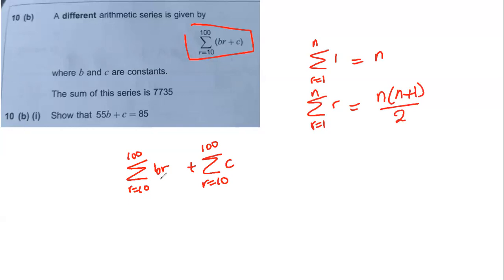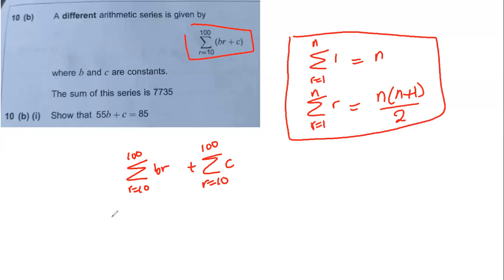So here I'm going to take the b out, and here I'm going to take the c out. I'm going to write it as b outside, into the summation of r from r equals 10 to 100, plus c outside, the summation of 1 from r equals 10 to 100.